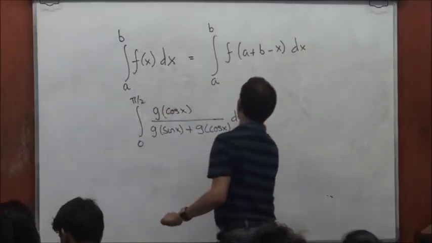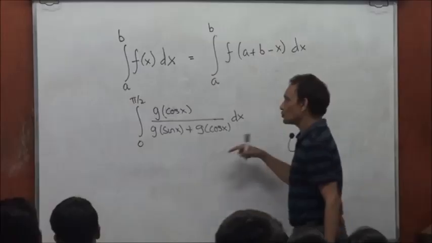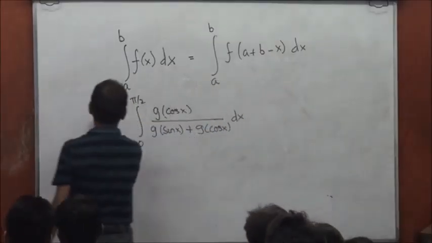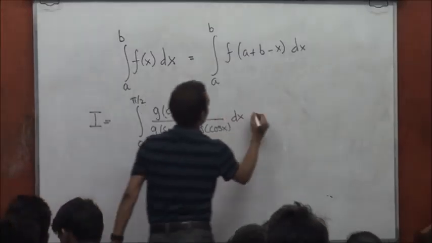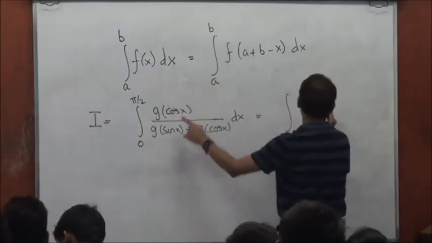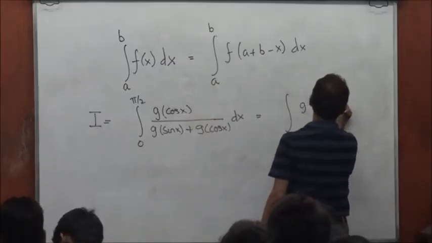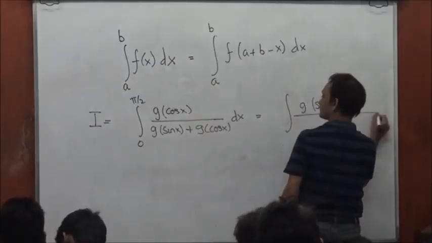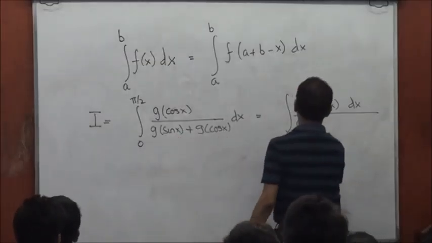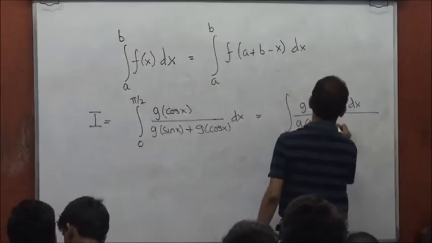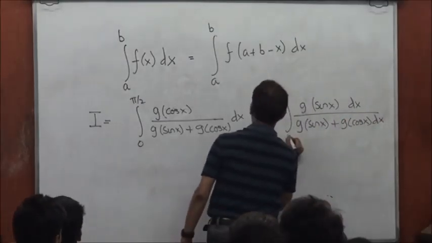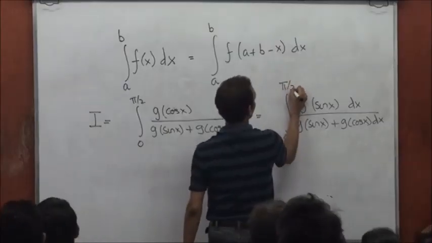Suppose I had something like this. The same as replacing x by 90 minus x. So this integral I is the same as g of x replaced by 90 minus x now. So g of sin x divided by g cos x plus g sin x, x changes from 0 to pi by 2.